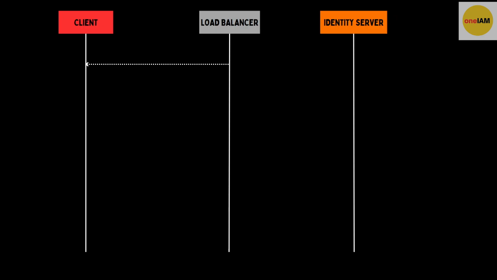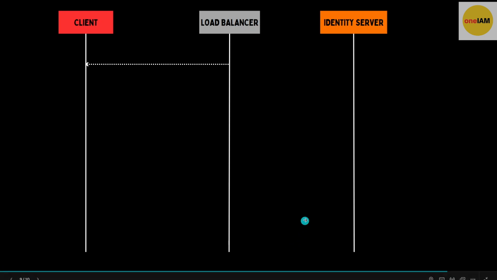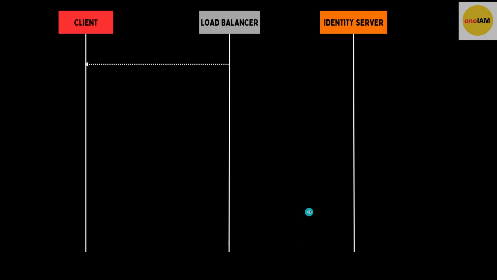So let's see why our identity server returned us the access token when we just passed the public key in a header. This is because in a real world use case, we won't be exposing our identity server to the client directly. You would normally have a load balancer in the middle.